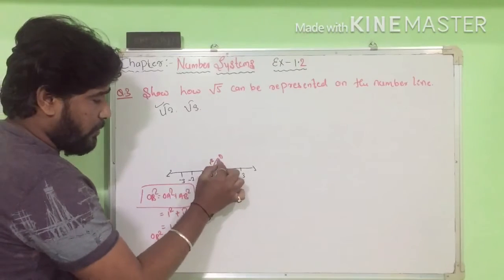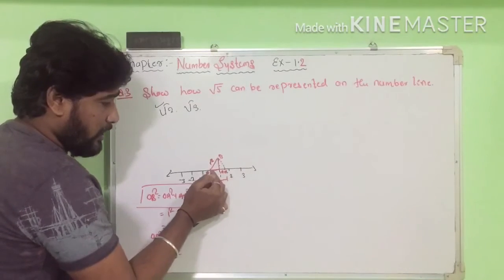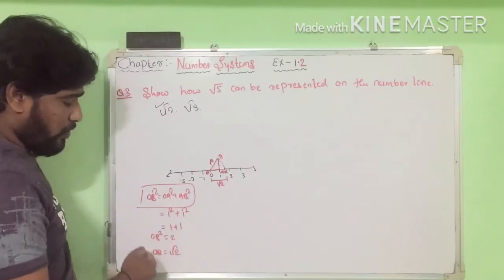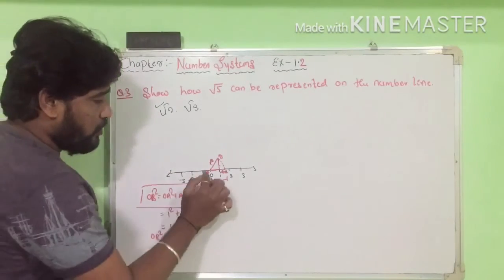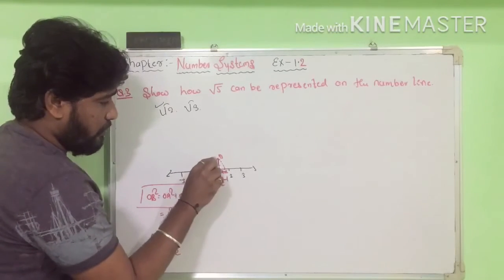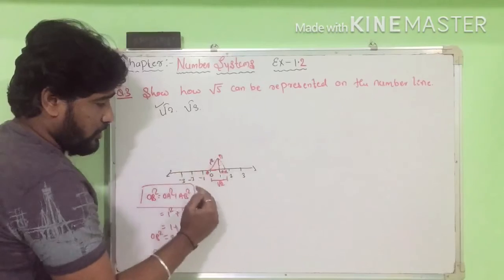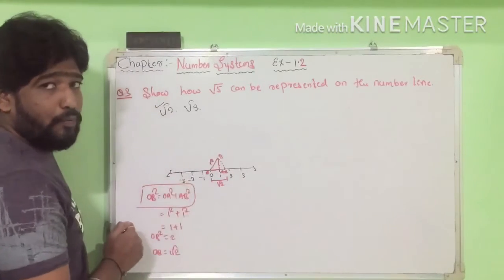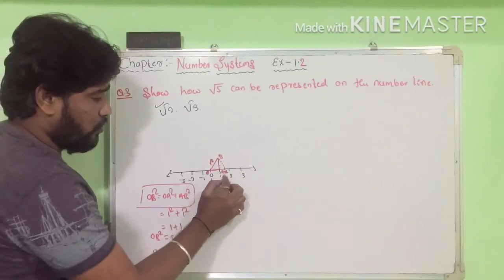So here we frame one right angle triangle. The hypotenuse of the right angle triangle is root 2, by the Pythagoras theorem. So it is root 2. So using the divider, take this much distance, the OB distance, and cut the number line. So that is root 2.